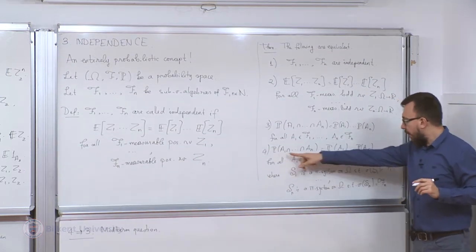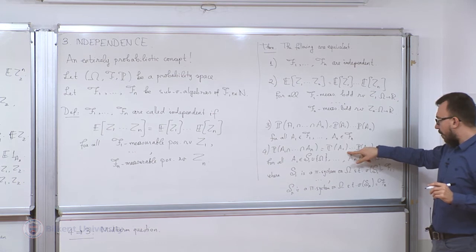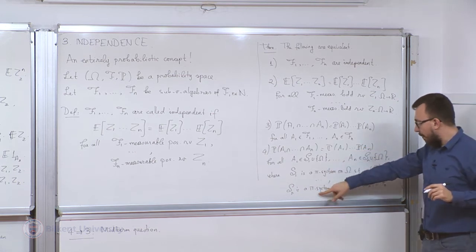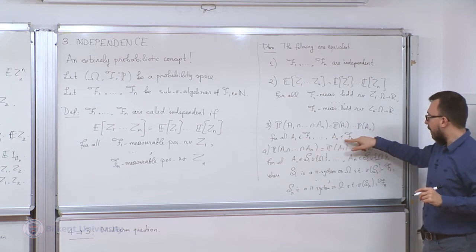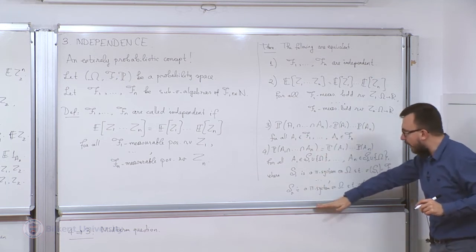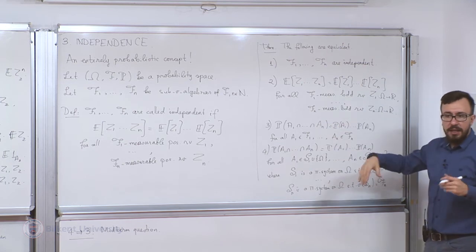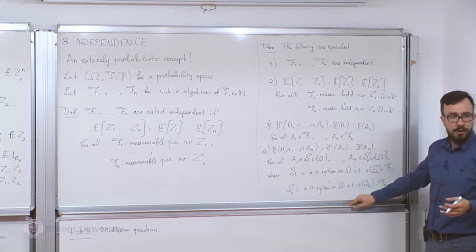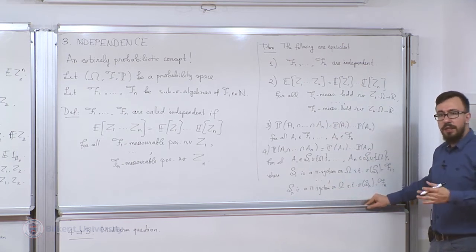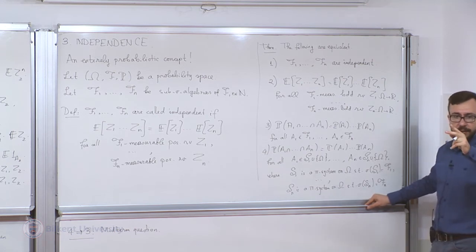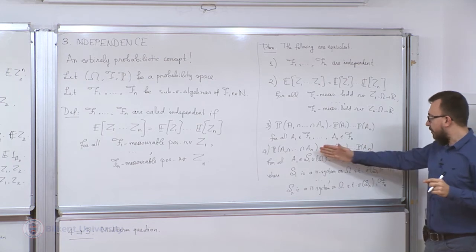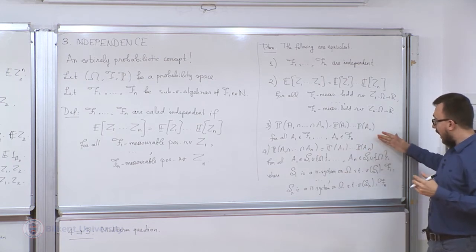So 4, we have this property for sets in the pi system. And 3, we have this property for sets in the full sigma algebras. So how to pass from pi systems to sigma algebras? The idea was to use monotone class theorem and do it twice, because we have 2 pi systems and 2 sigma algebras.